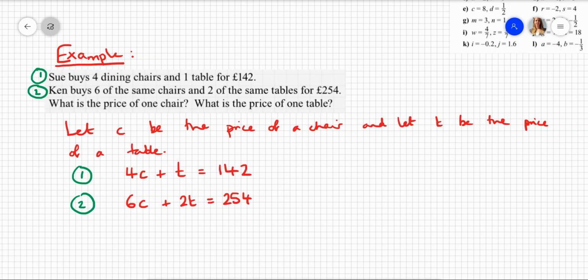From here, we want to identify how we can manipulate one of the equations to make the variables have the same coefficient in each equation. So the easiest way to do that is we've got 2t here and 1t here, so let's do equation 1 multiplied by 2.